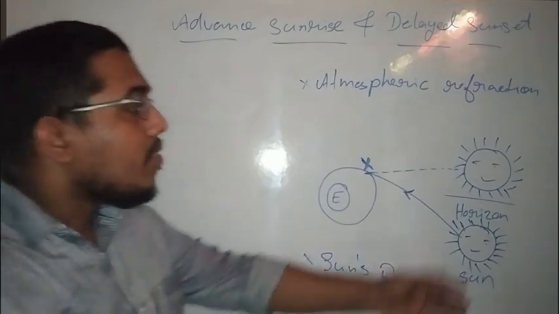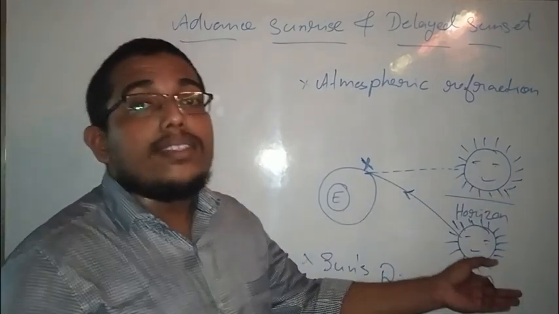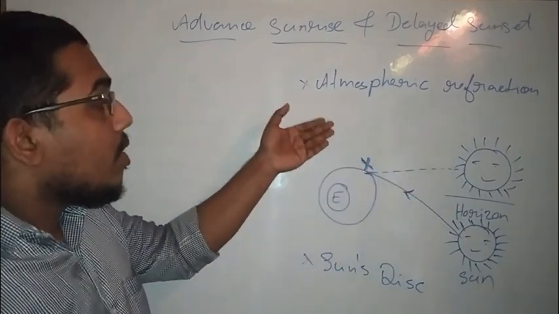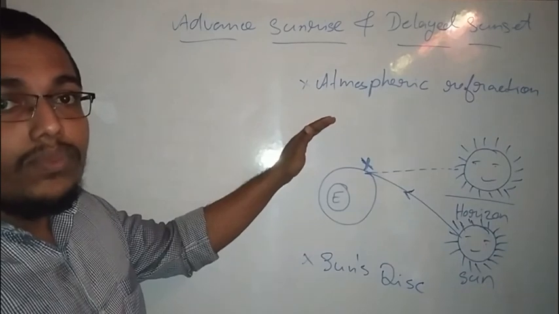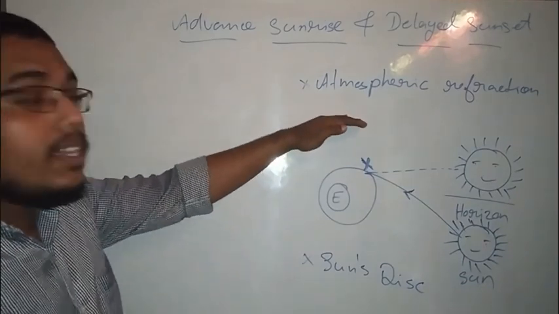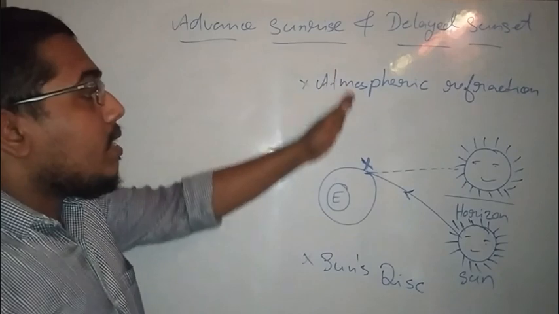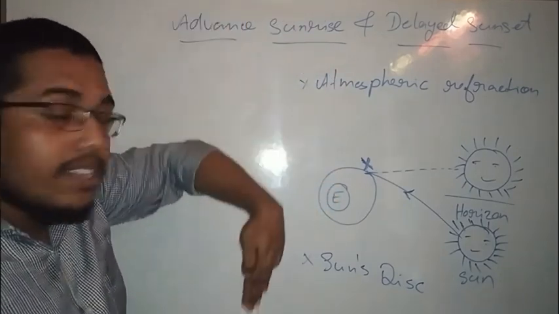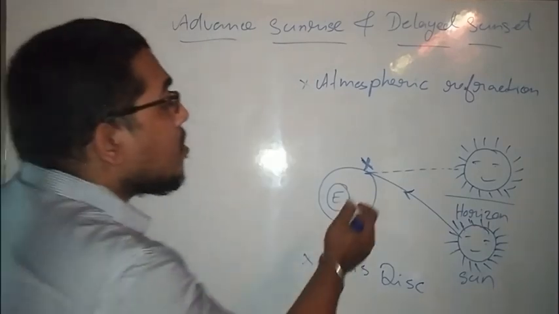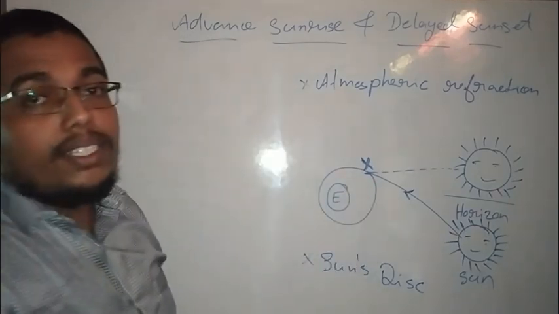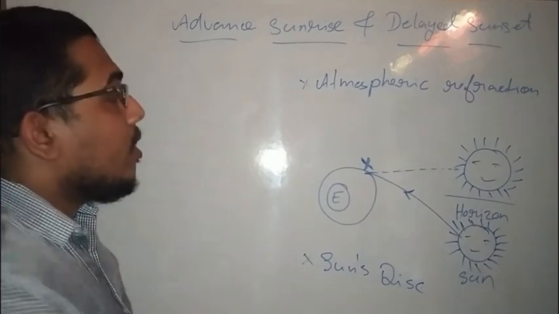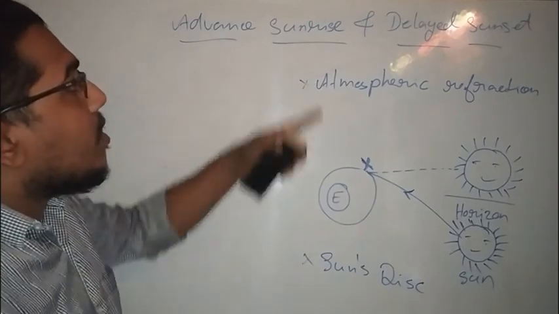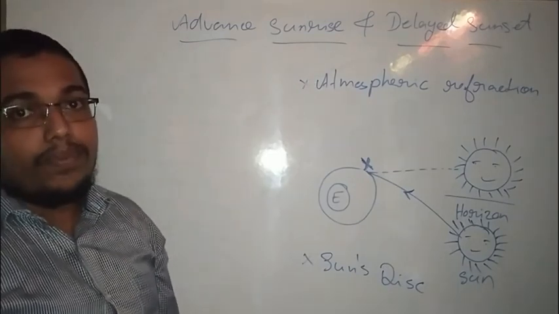So, at the time of sunrise and sunset, the sun appears oval shape or flattened shape, but at noon time, the sun is overhead. Therefore, the refraction takes place normally, means the light rays are passing through the different atmospheric layers normally. Therefore, at that time, it looks like a circular shape. Clear? So, these are the points about the advanced sunrise and delayed sunset.